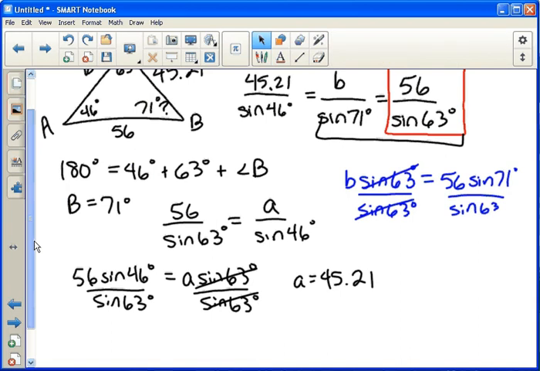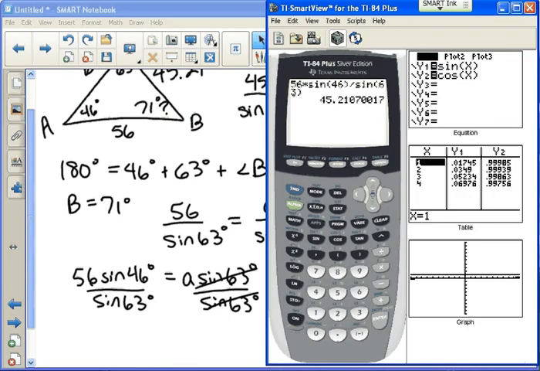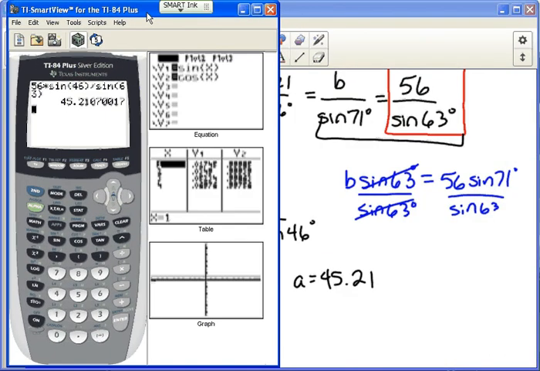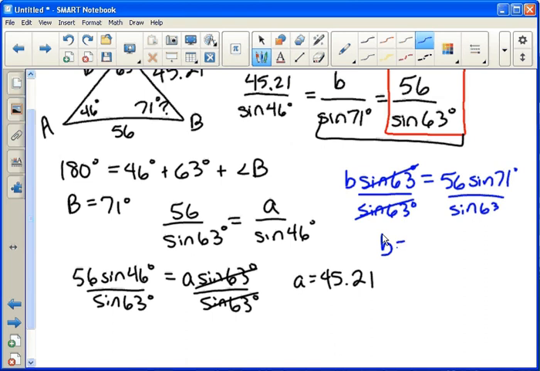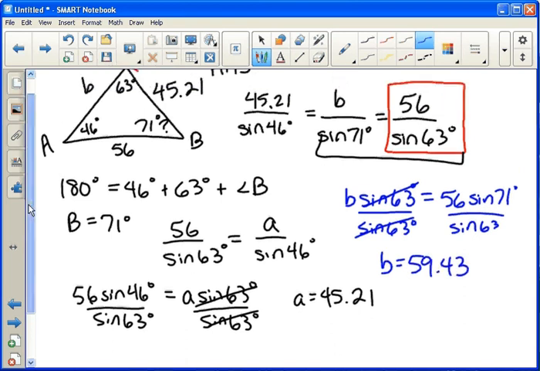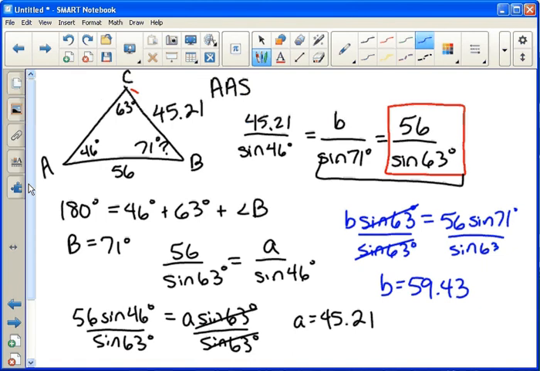So we will move this over so we can see and do 56 times sine of 71, close the parentheses, divided by sine of 63. So we get 59.43 for side B. And we have solved for the entire triangle. So that's how to solve it using angle, angle, side.